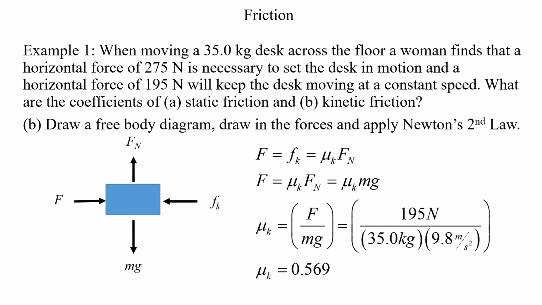So we can see in the vertical direction, again, our force normal equals the weight mg. So we solve for mu sub k, and we get F over mg. So our F is now 195 newtons, and we have the mg in the denominator, and we get mu sub k equals 0.569. And again, notice that there are no units with the coefficients of friction. They are just numbers.